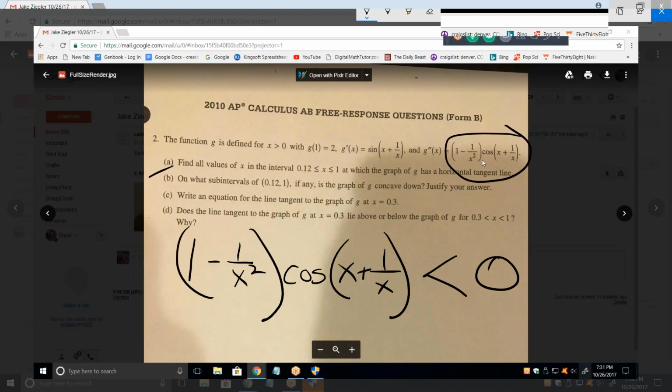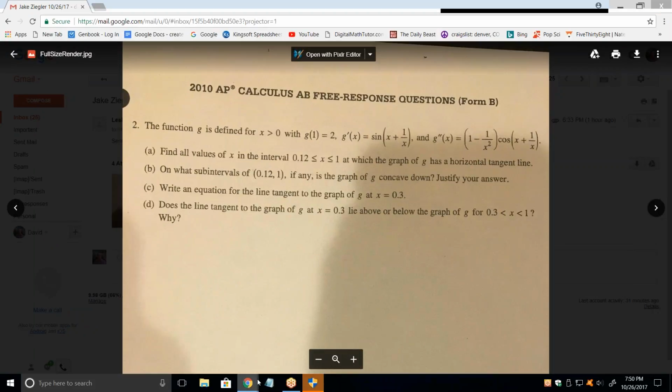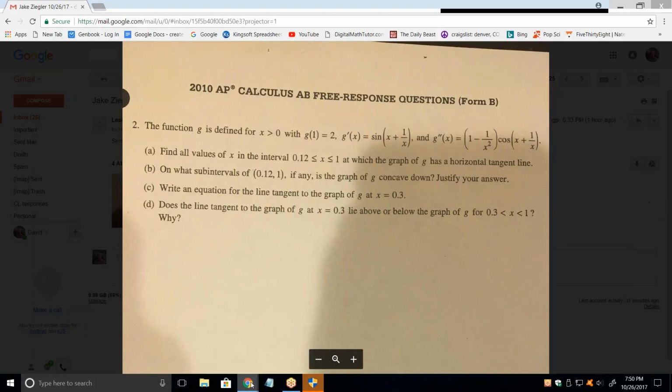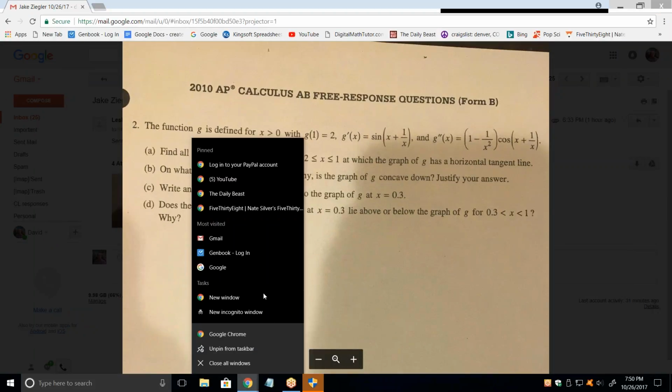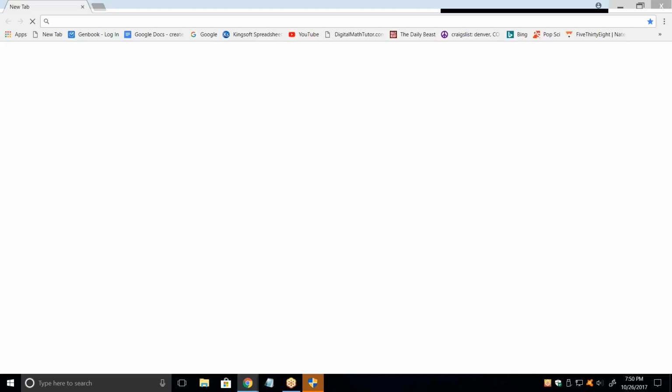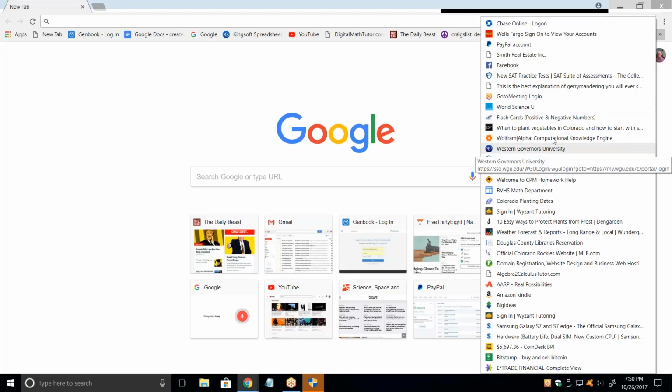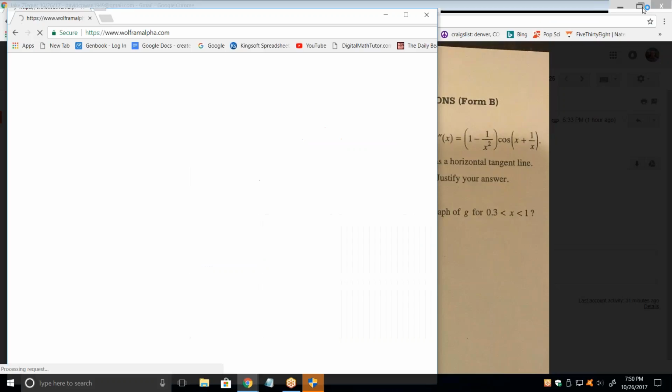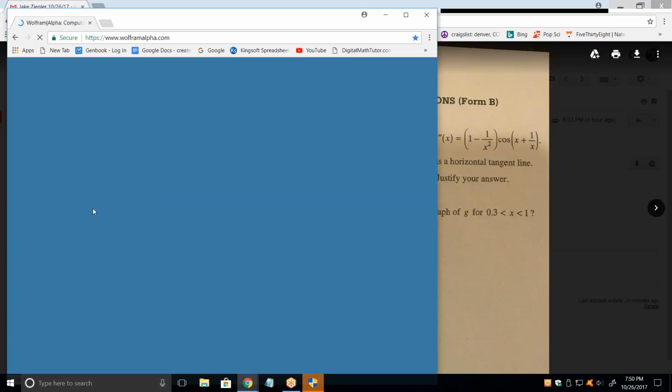So remember what this second derivative is. Sorry, I'm going to do it on Wolfram Alpha, and I'm going to give you the definitive answer to this in a way that you can understand.